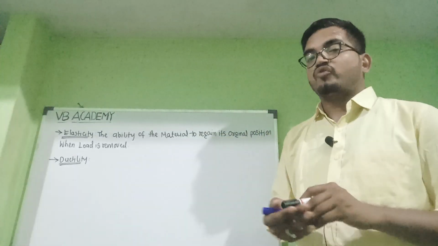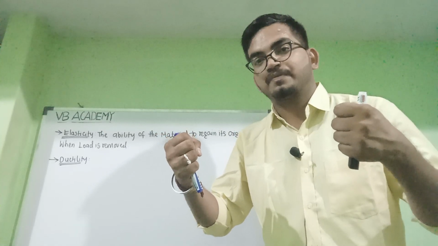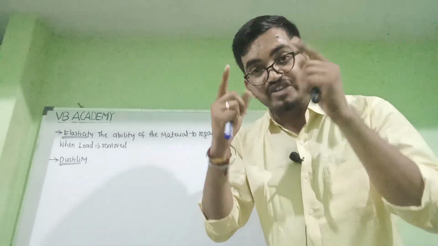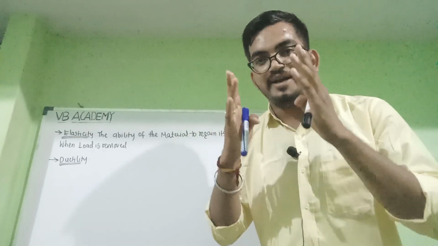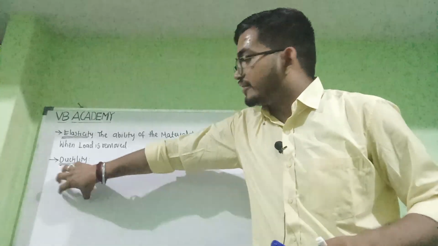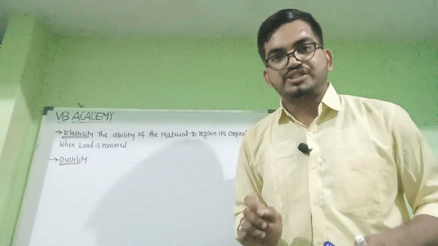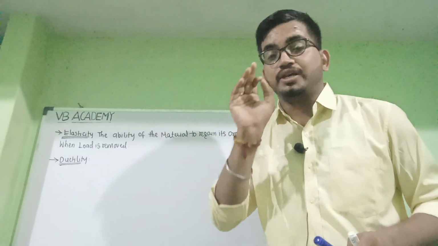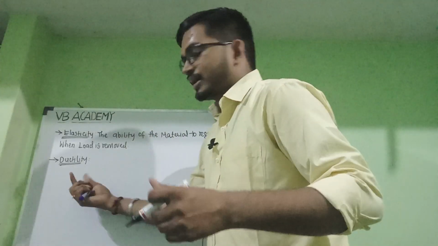Are you getting my point? Whenever a tensile load, the load which is pulling in nature, is applied on the body, if it deforms under the load, then that body is known as a ductile body. The measure of ductility is the percentage of elongation and the percentage of reduction in area. I will let you know that later. So what is meant by ductility here?